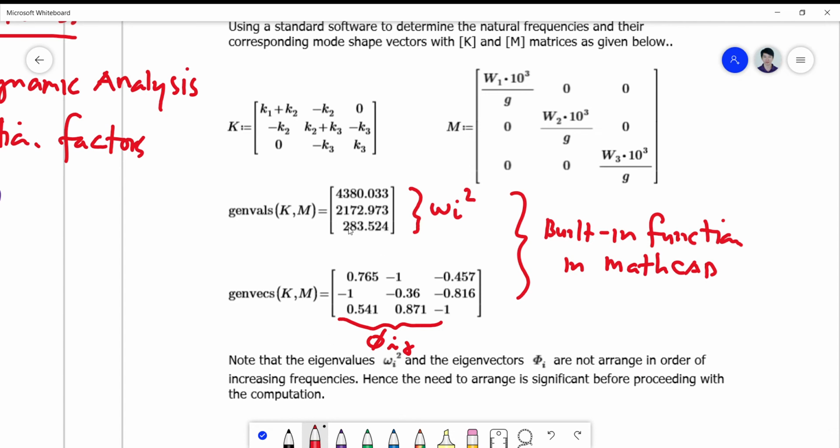If you'll notice, it's the other way around. Your fundamental must be on top and your last mode must be at the bottom.